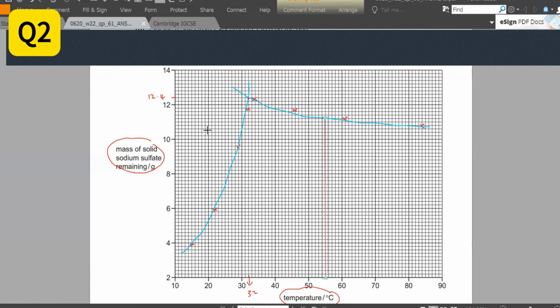Okay. So it crosses at this point, around here. So this is 11 here, so this is 11.2. So we expect at 55 degrees Celsius, the solubility will be around 11.2.